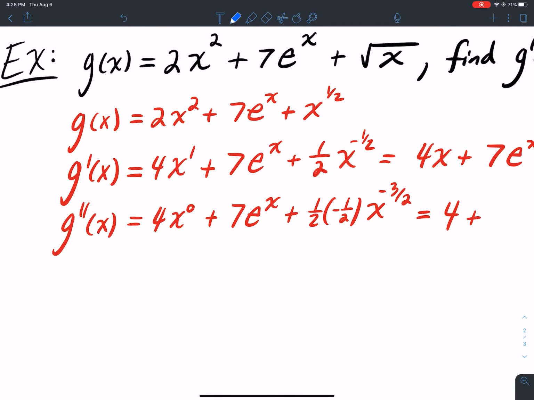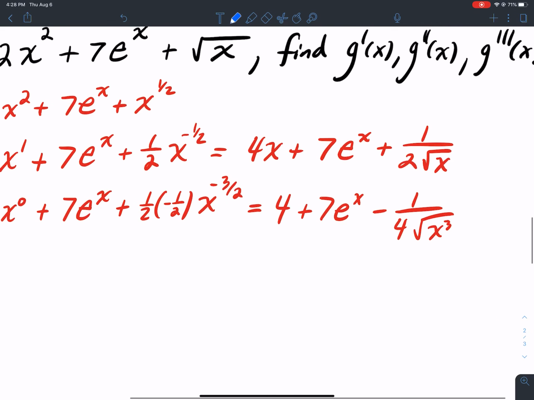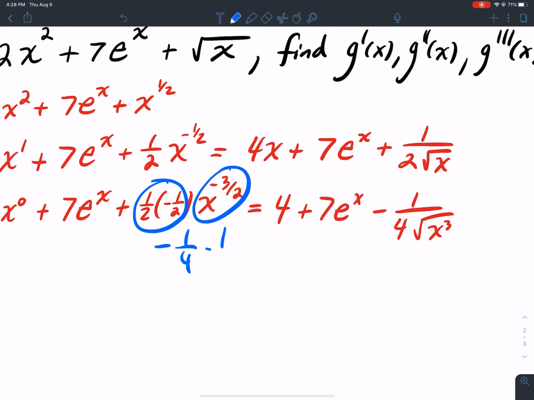This is still the same, 7e to the x. And then this one right here, multiply through, I get -1/4. And then this one here, x goes in the denominator to the 3/2. And so it's understood to be a 2 there whenever I do my radical form. Okay?